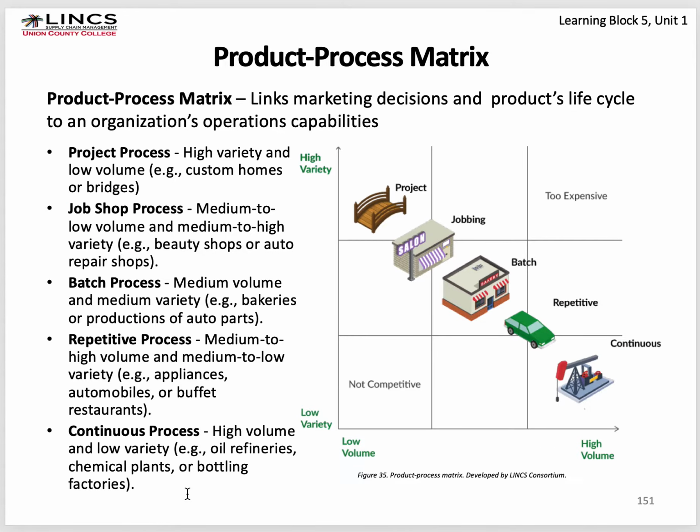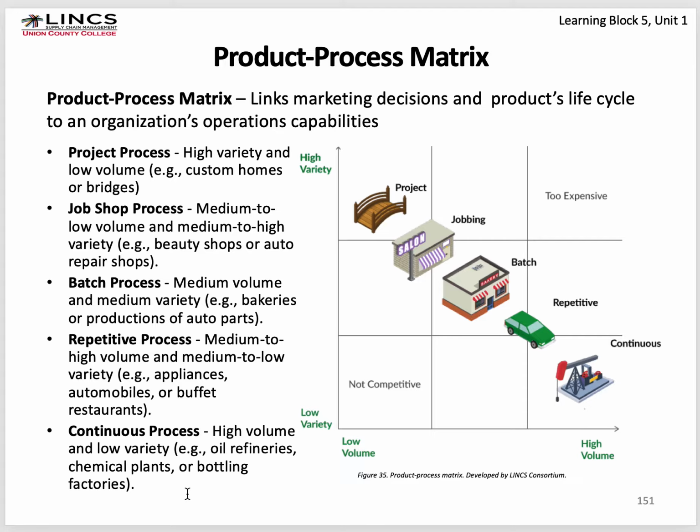The product process matrix. Well, it links the marketing decisions and the product's life cycle to an organization's capabilities. If you have to produce something that you can't manufacture due to the equipment you have.